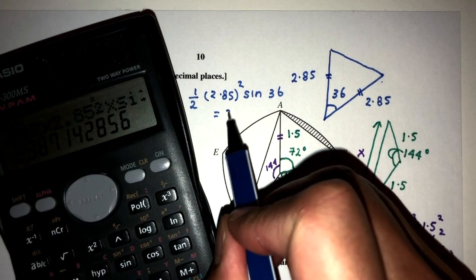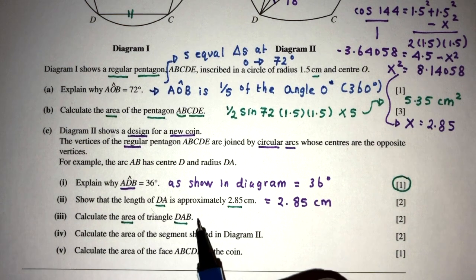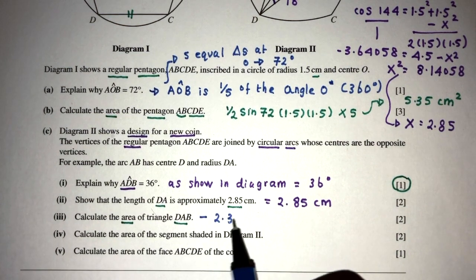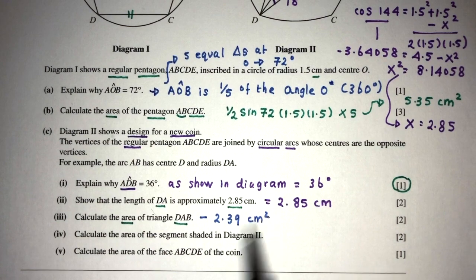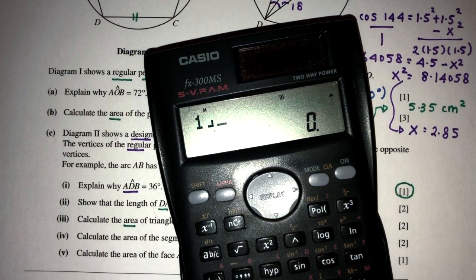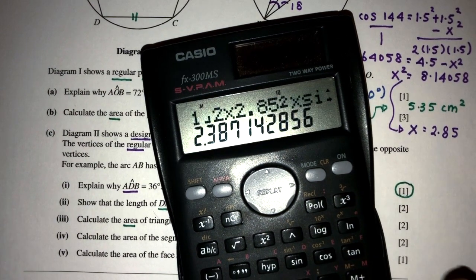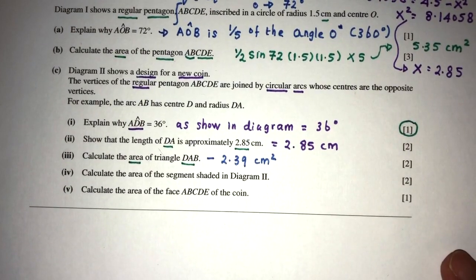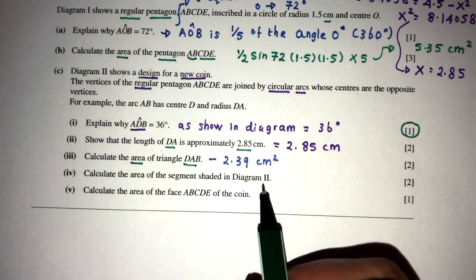That will be 2.39. So the area of the triangle will be 2.39 centimeters squared. Let's try again, sometimes we tend to make silly mistakes. So half times 2.85 squared times sine of 36. Yep, same value.